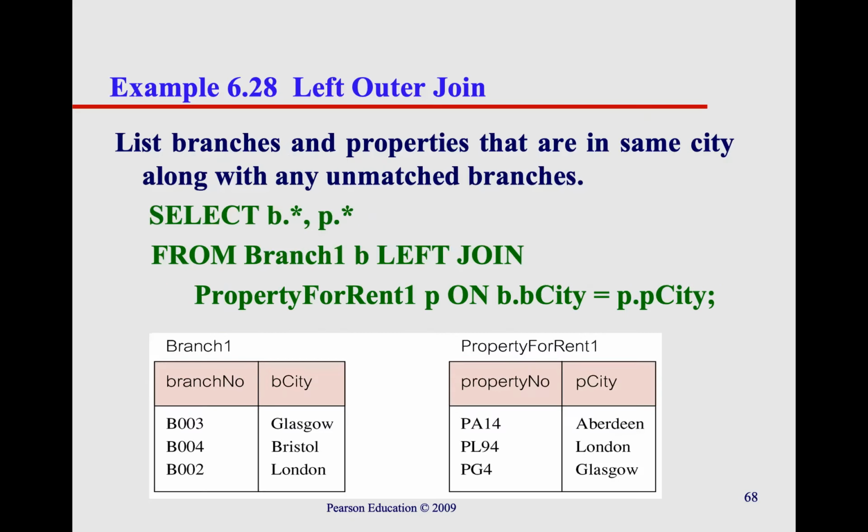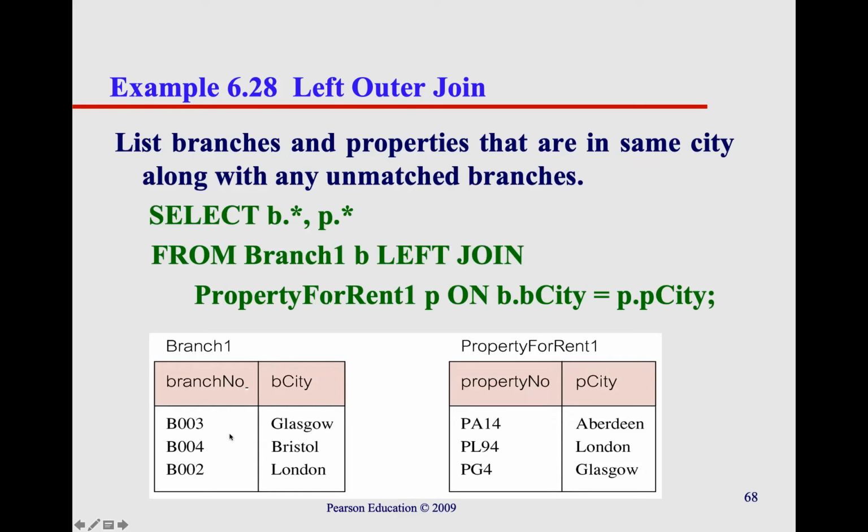So I have a handy dandy example here where we have branches and property for rent. The first one, we want to list the branches and properties that are in the same city, along with any unmatched branches. In that case, we do a left join of the branch with property for rent.